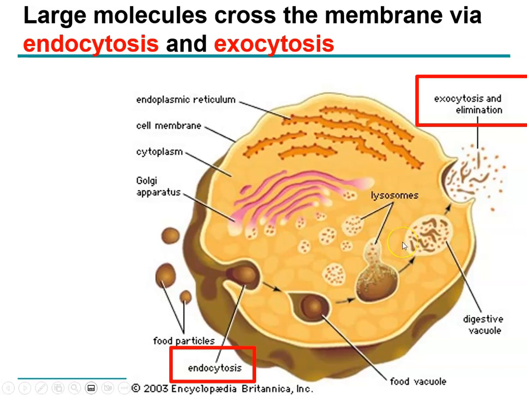Some of that energy will be absorbed by the cell as the food, and then the waste that remains can be expelled or eliminated from the cell when that digestive vacuole fuses back with the plasma membrane. So now the lipid bilayer's recycling. Wherever it was used to make a vacuole, it's going to end up going back to the outer plasma membrane, and then the wastes are released.